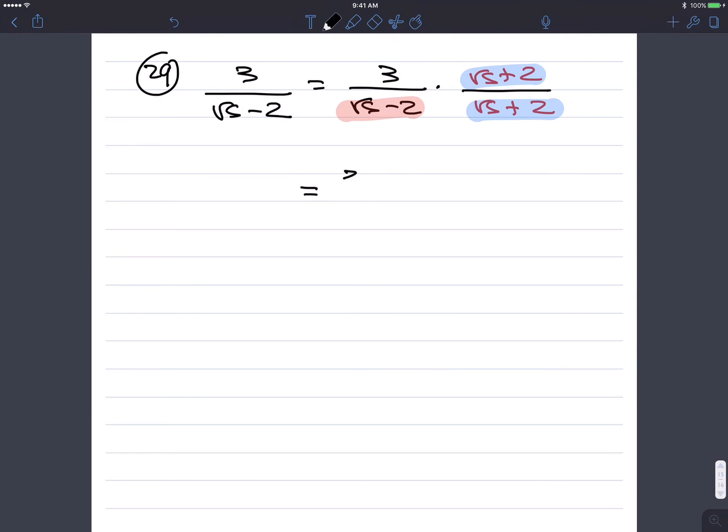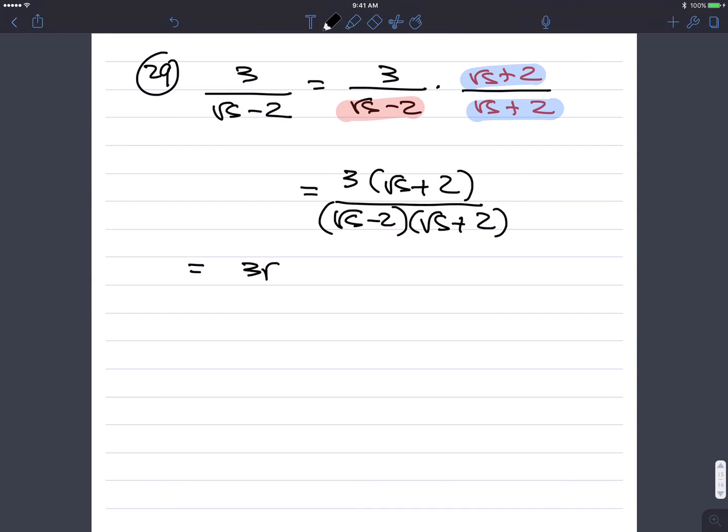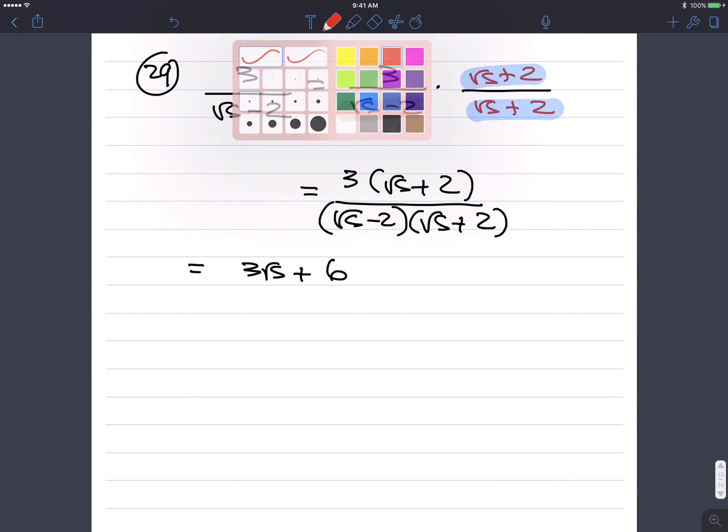Here we go. 3 times the square root of 5 plus 2, over the square root of 5 minus 2 times the square root of 5 plus 2. 3 times the square root of 5 plus 6, when I distribute in the numerator.